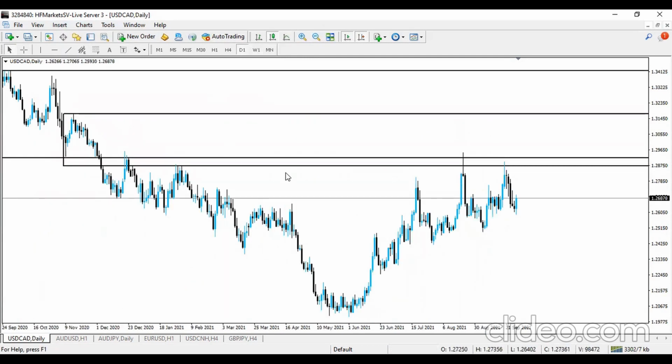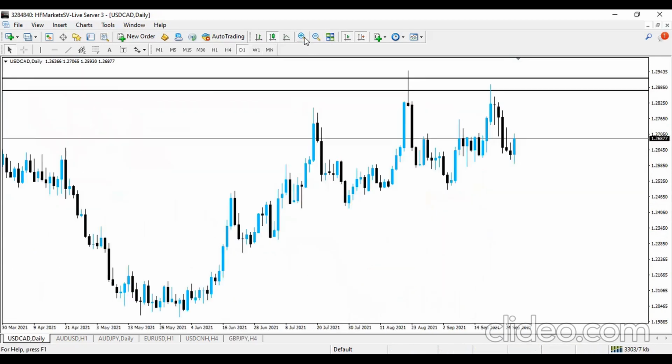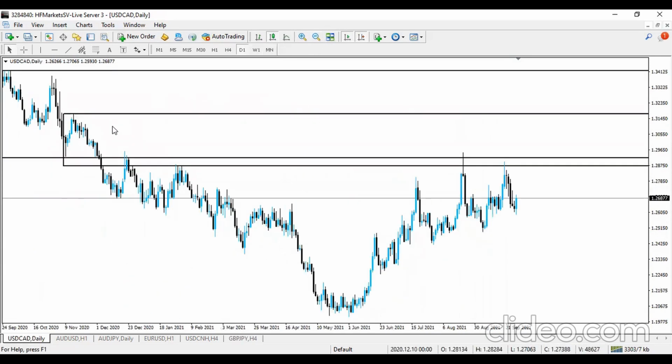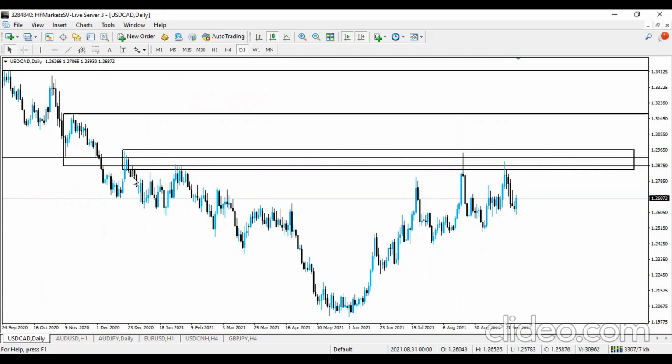Now let's go to the daily. On the daily, we are still inside this particular monthly order block and inside the weekly order block. We can also see that inside the weekly order block, we have this particular order block right here. Why is that place an order block? Because price has broken structure.